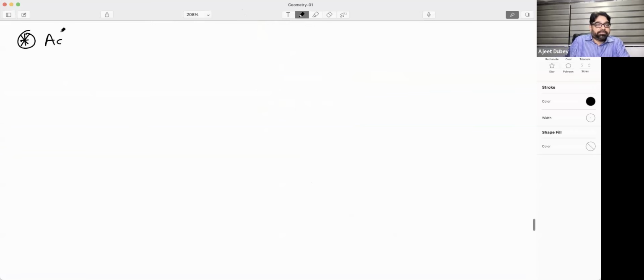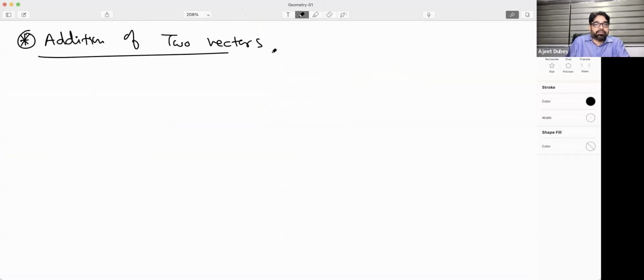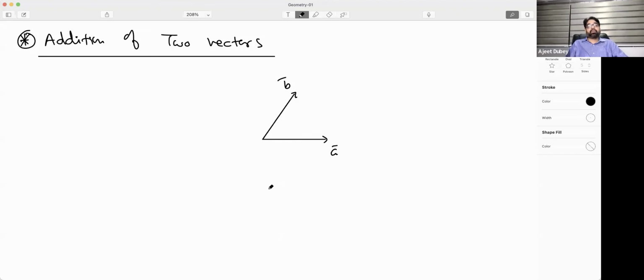Addition of 2 vectors. Addition of 2 vectors is very important. Suppose A vector is this. This is the origin. This is B vector. Whenever you have to do addition of 2 vectors, take the head of any one vector and draw a line parallel to the other vector this way.